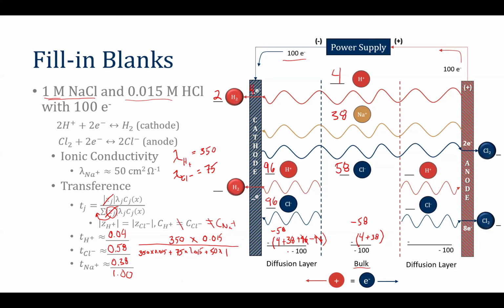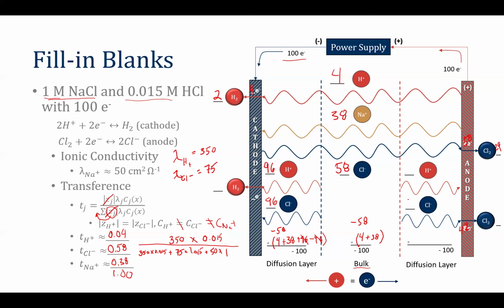So over at this other diffusion layer, though, we will have 58 chlorine anions being brought to the anode with migration. And so we're going to have 58, not 2, 58 electrons being exchanged, which will result in 29 chlorine molecules being formed. So that means we still need 42 electrons being exchanged here, not 8.